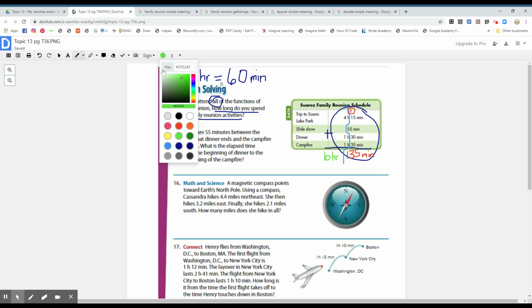So if I take away 60 minutes, 5 take away 0 is 5. 3 take away 6 cannot, need to regroup, boys and girls. The 1 becomes a 0, gives me a 1. I'm now a 13, boys and girls.